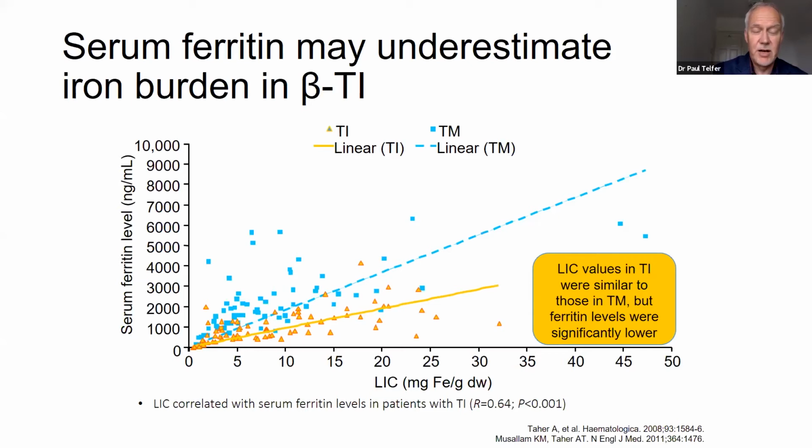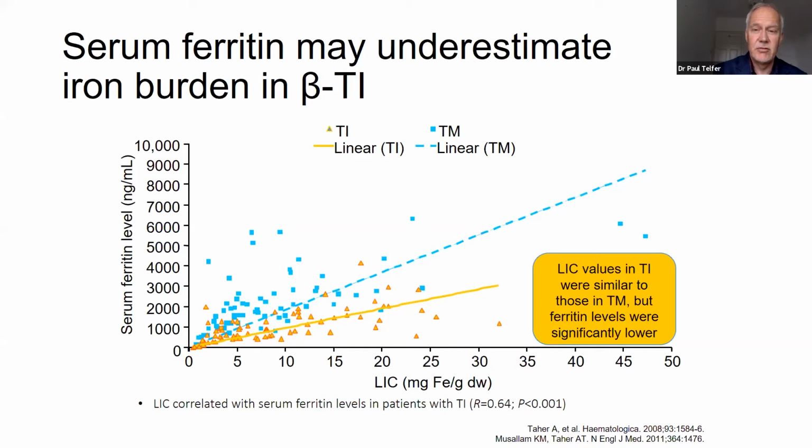And the pathology behind that I won't talk about today, but I'm sure will be covered in another talk. So the iron accumulates in non-transfusion dependent thalassemia much more slowly, but over the years and decades, it can accumulate to the extent to cause significant damage.